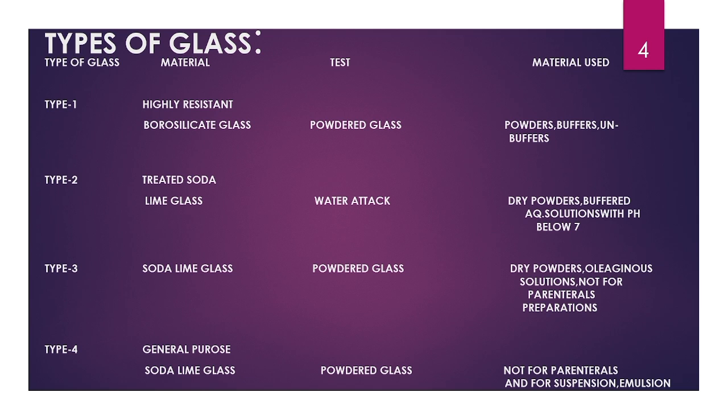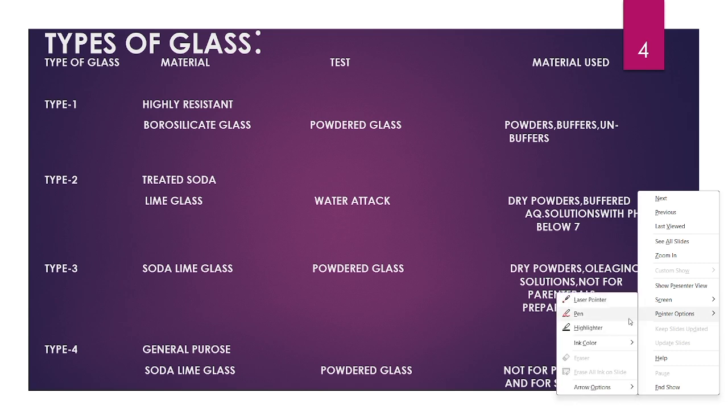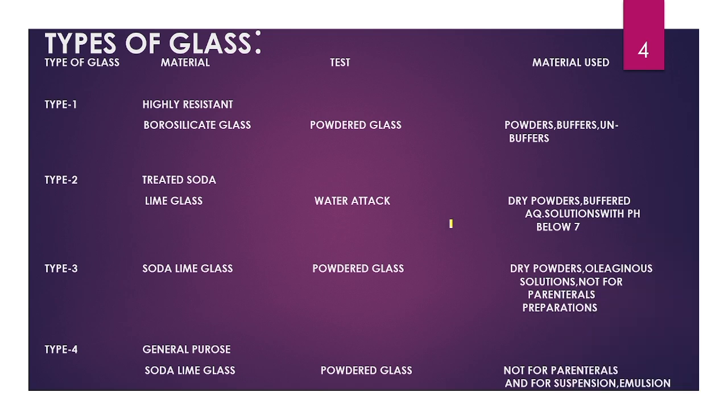We can easily identify them by performing the following tests. They are the powdered glass test and the water attack test. The powdered glass test is mostly for the identification of type 1 glass. The water attack test we perform for type 2.